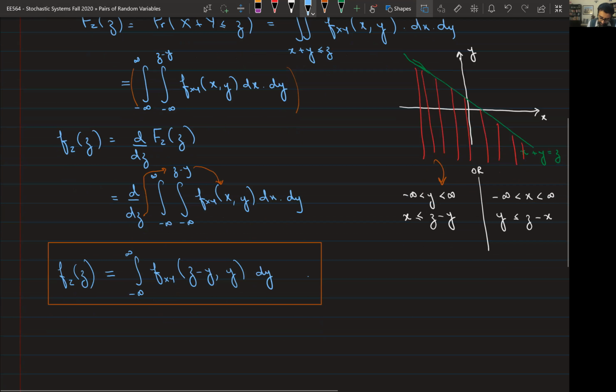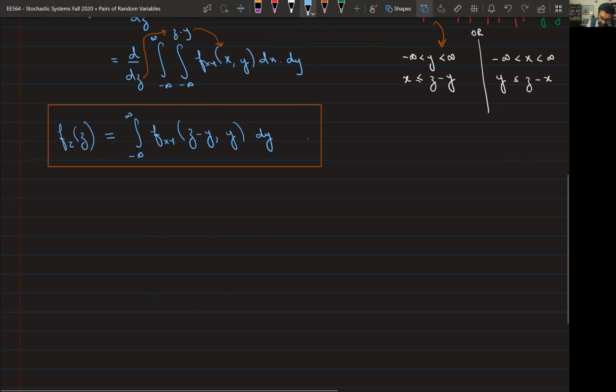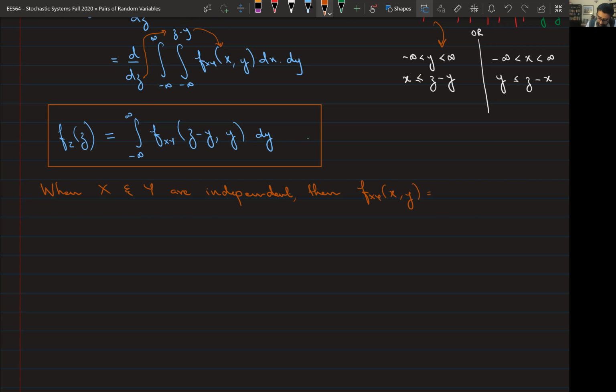Okay, so let me talk about a specific case. When x and y are independent, what happens? Then f_xy is just the product of the marginals, right? And this implies, what would f_z of z be?